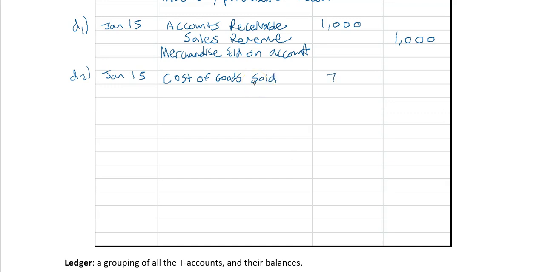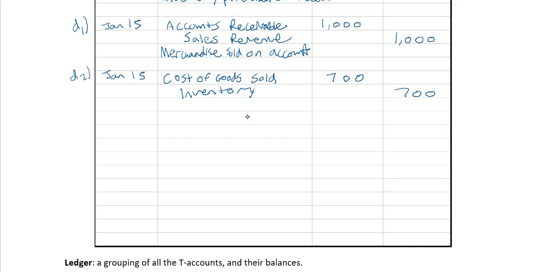And luckily for us, this was only 700, so we were able to make a profit on this. And what did we lose? We lost some inventory. Once we sold that inventory, it no longer belonged to us. So we take it out of our asset base by crediting it.